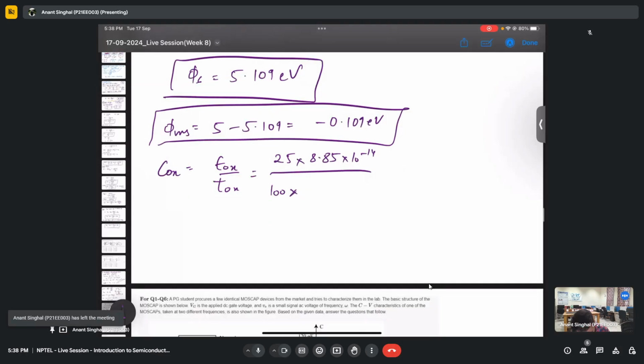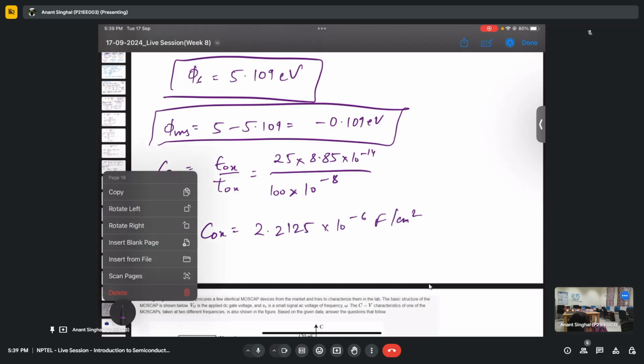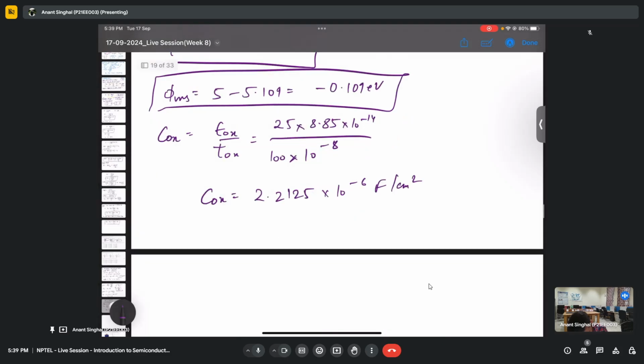So t_ox I have given as 100 angstrom, so in centimeters that will be 10 to the minus 8. So Cox, again we need to calculate this, comes out to be 2.2125 times 10 to the minus 6 farad per centimeter square. So now we have everything. I'm calculating V_FB, which is phi_ms minus Q_ss by Cox.